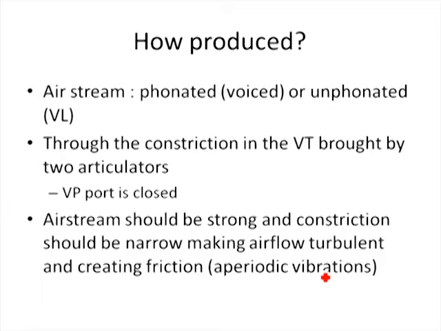So the constriction in the vocal tract is brought by 2 articulators. The key important thing is your velopharyngeal port is closed. Unlike the nasals where your velopharyngeal port is open because the air has to pass through your nose, here we do not want to pass any air through the nose. So for example, if you placed your finger right beneath your nose, you're technically not supposed to feel any air coming through your nose. Okay, so your velopharyngeal port is closed.